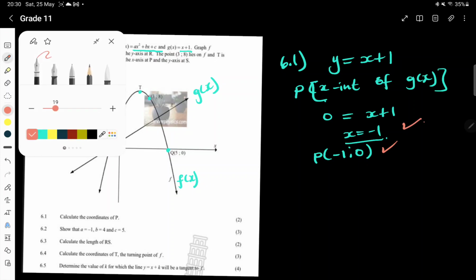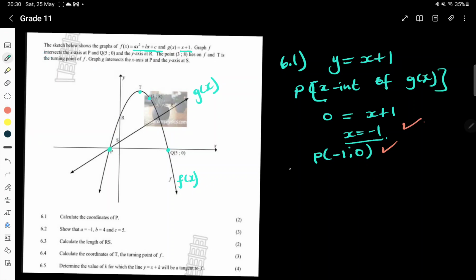Then we move to the second question. Now we must show that a is -1, b is 4, c is 5. In other words, we must find the equation. Now to find the equation of a parabola, there are two conditions.